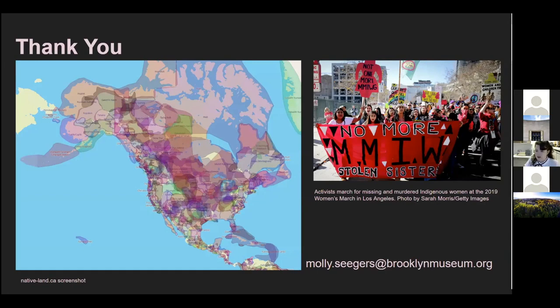We need to avoid universalizing Native experience and speak specifically in our area of the Lenape in Brooklyn, of the Canarsie, of the people whose descendants still look back to this land as their home, not as Eastern woodland peoples, but people who are now living in Oklahoma, Wisconsin, and Ontario, whose ancestors lived on this very land for thousands of years, the Lenape.